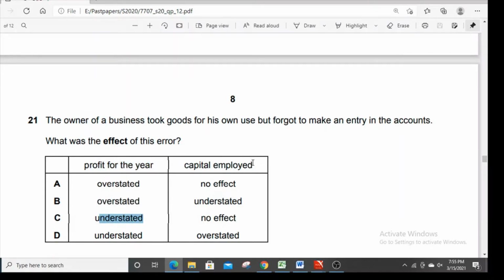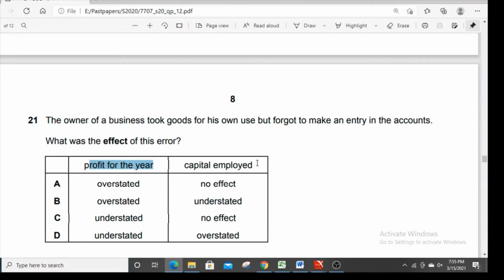For capital employed, both profit for the year and drawings are part of it. Now, drawings are subtracted from capital employed. So the relationship between capital employed and drawings is inverse. As drawings are understated, capital employed is overstated. Profit for the year is also part of capital employed and it's added to that.